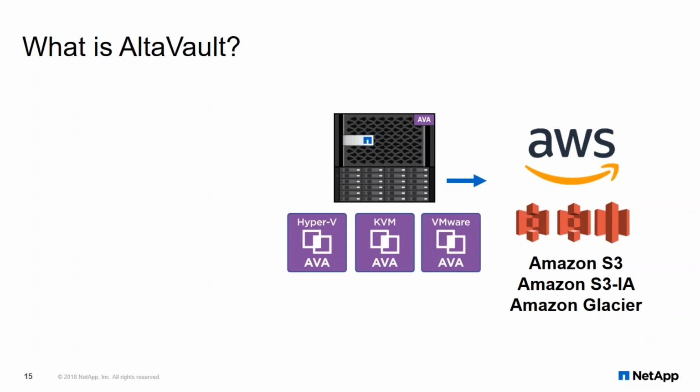AltVault works with Glacier to make sure that that data is stored in secure formats for that extended period of time, and will store it in an efficient fashion for you, such that you'll be leveraging Glacier cost effectively, and then again only pulling back the data that you need at the time. Say, an audit comes down the road and you need to pull back some data for some sort of activity related to that audit.